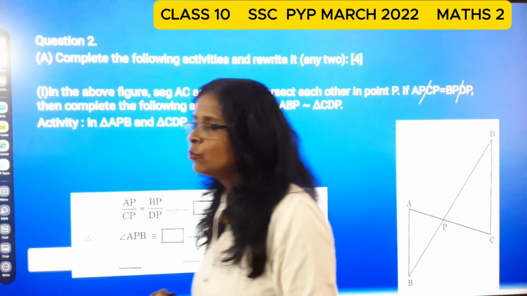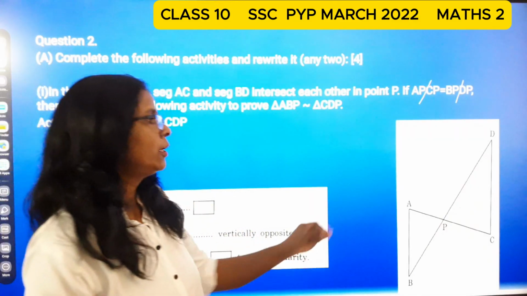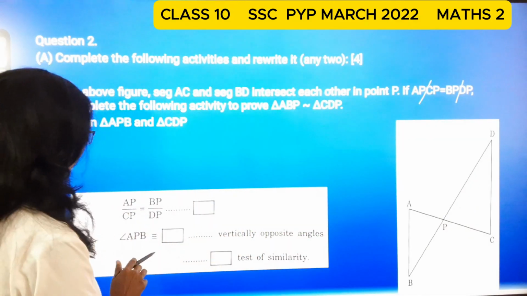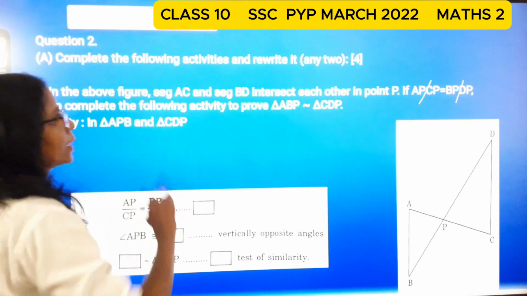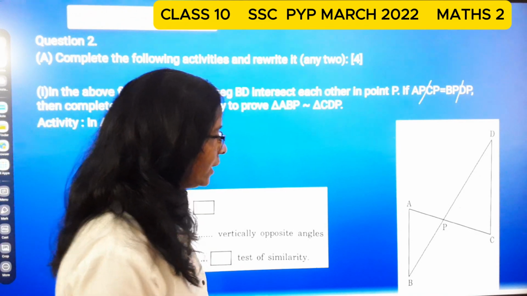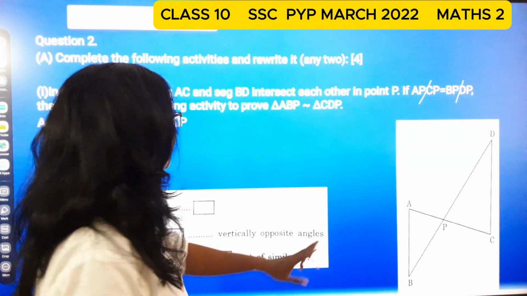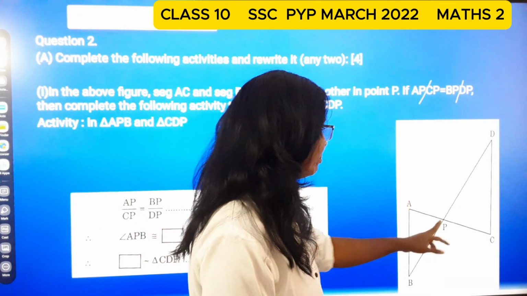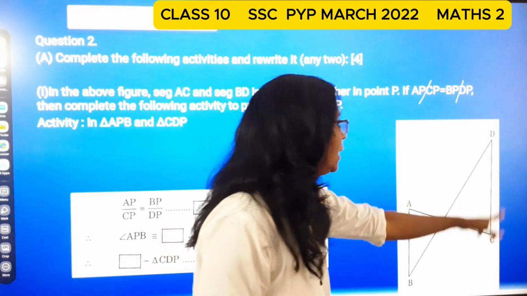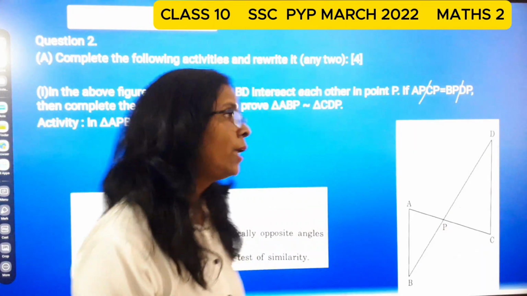Okay students, now see the figure. First observe the figure and then we can complete this activity. There are two triangles, triangle ABP and triangle CDP, and we have to show that they are similar.